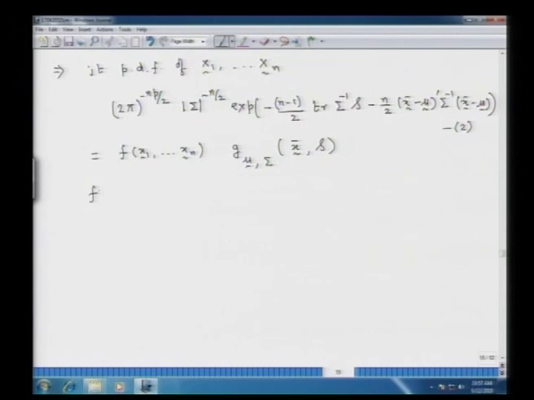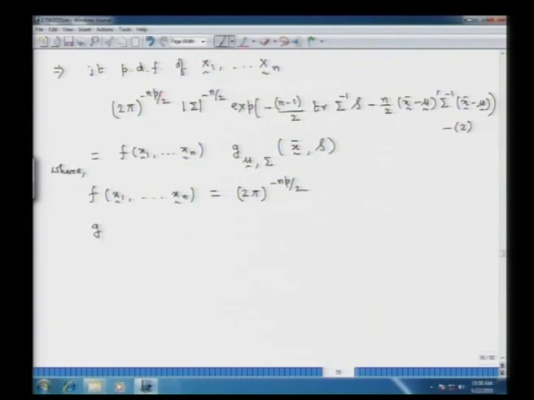So, for this f of x1, x2, xn, we look for the terms in 2 which depend on x1, x2, xn only. It cannot involve any mu, and it cannot involve any element of sigma. As we see, it is a constant function, which is 2 pi to the power minus np by 2. All other terms present here depend on mu and sigma, so they cannot be separated from there.